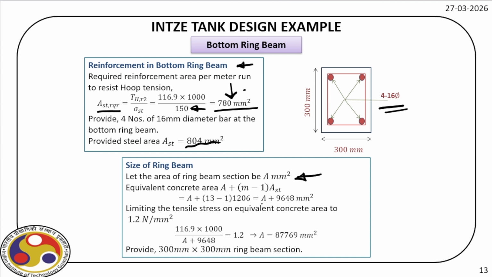In this case it is A plus 9648 millimeter square. We have to keep the limiting value of the tensile stress to 1.2 Newton per millimeter square. From this we can find out the area. That's the reason we provide 300 by 300. So we have adequate area provided for the ring beam, right? Okay.